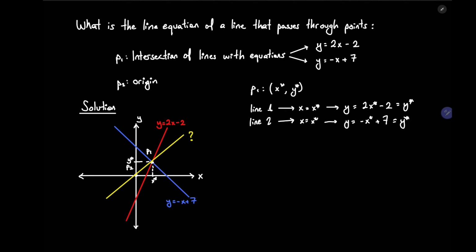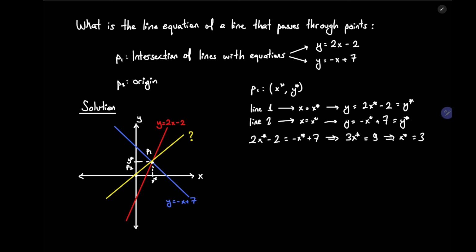So from these two line equations, we have 2x star minus 2 equals minus x star plus 7. Therefore, we will have 3x star equals 9, and x star will be equal to 3.